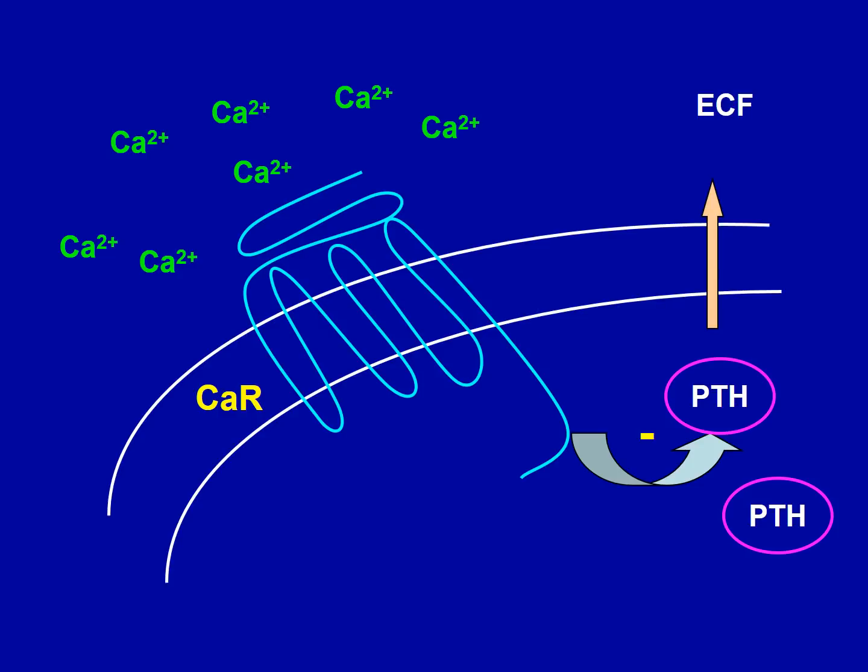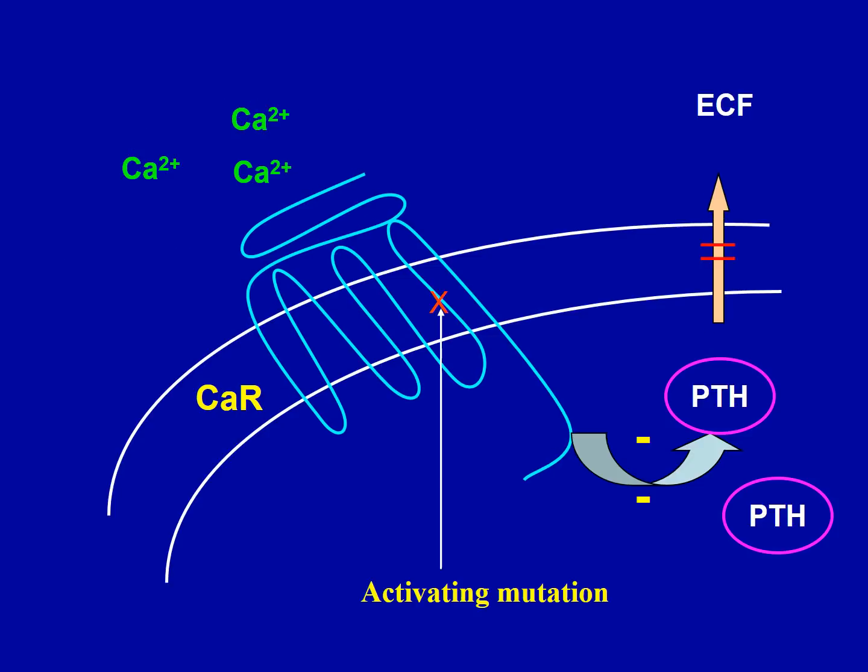So just to illustrate that schematically, remember that the calcium sensing receptor sits on the surface of the parathyroid chief cells and senses the extracellular fluid calcium level. What is happening here is that affected individuals carry an activating mutation such that the receptor is continuously signaling to suppress PTH production irrespective of the level of extracellular calcium.